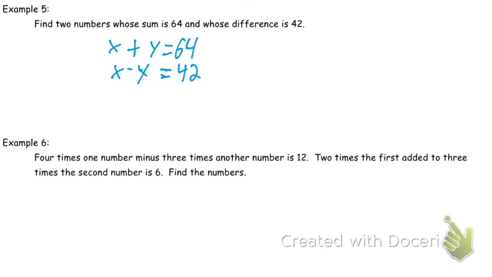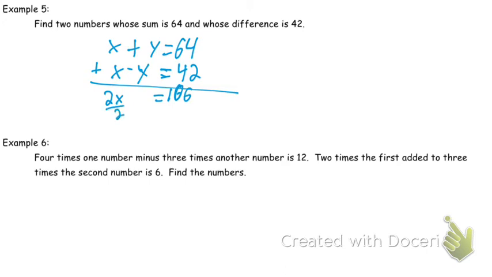So now we have a system of 2 equations, so go ahead and solve this one by elimination. When you have it over questions, raise your hand. I'll talk about both methods. So right now, we're good just to add and say x plus x is 2x, y plus negative y is 0, and 64 plus 42 is 106. So we should end up getting 2x equals 106.